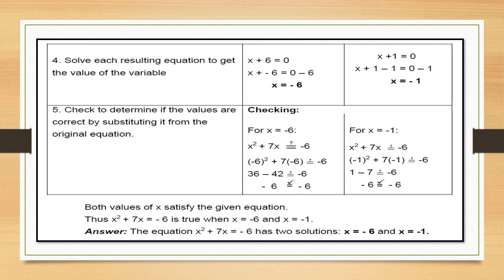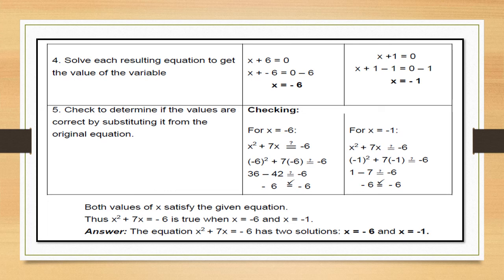To check, determine if the values are correct by substituting them into the original equation. So just substitute the value of both x into the original equation. First, x is equal to negative 6. We got the correct answer, balanced: negative 6 is equal to negative 6.